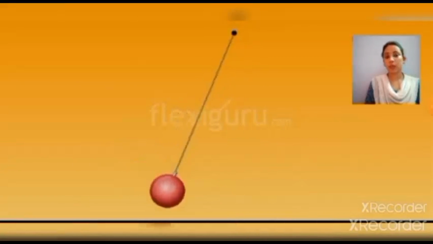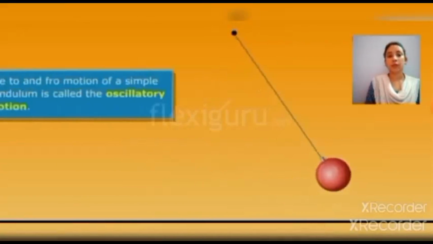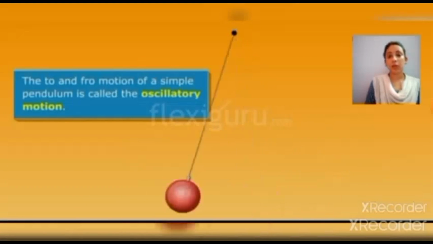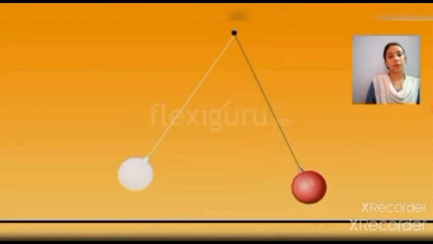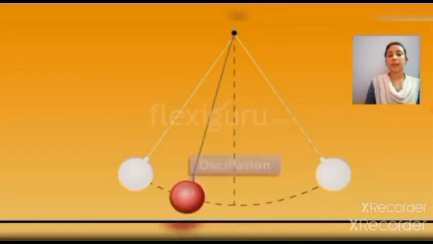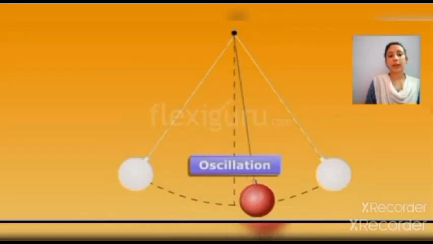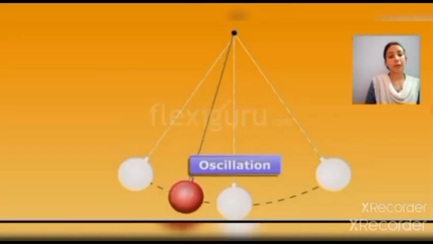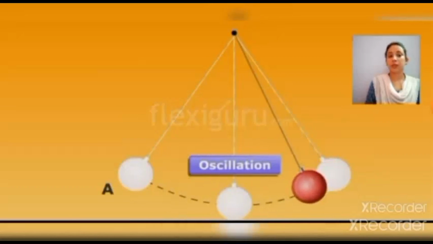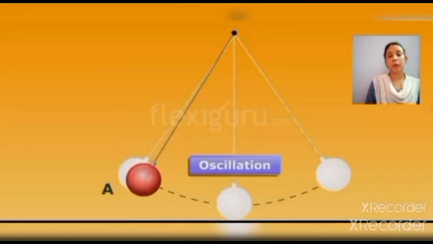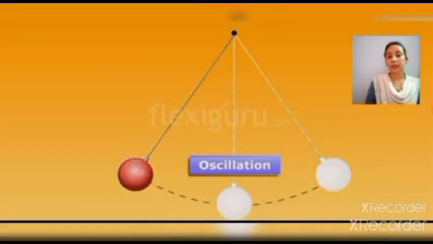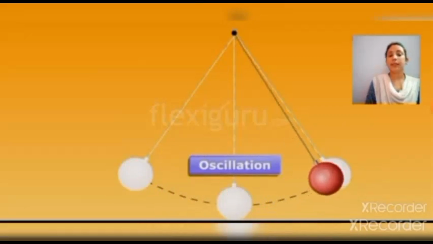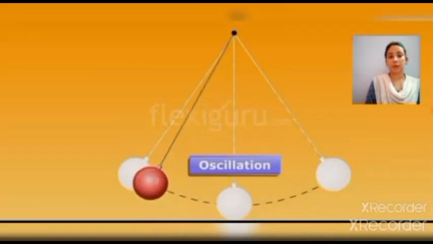The next type of motion is oscillatory motion. When a body or an object moves to and fro, it is said to be in oscillatory motion. For example, the pendulum you see on the screen is in oscillatory motion. It's moving to and fro, right and left, repeatedly, from position A to position B. When this oscillatory motion increases in speed, it is said to be vibratory motion.